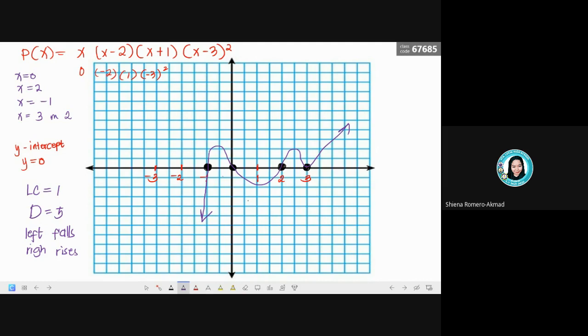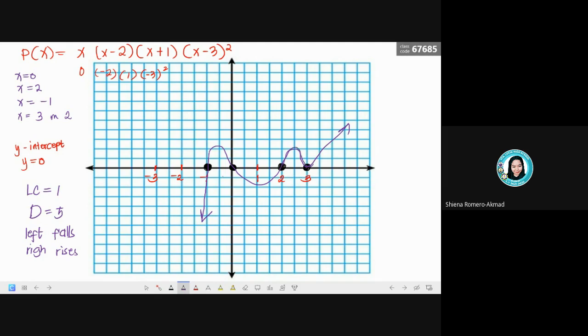Okay. So, ganyan magiging itsura. So, pag mas maganda yung itsura niyan, mas smooth yung mga turns natin. Kasi may mga turns yan eh. So, dapat smooth yung turn natin dyan.